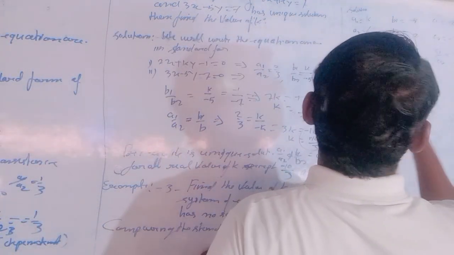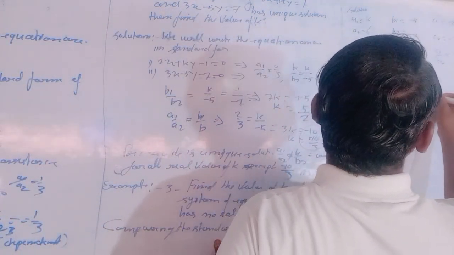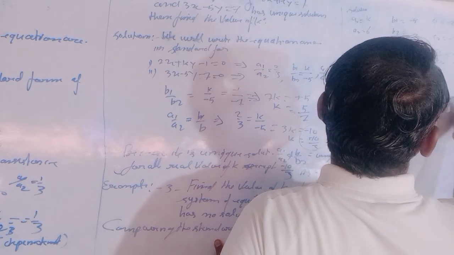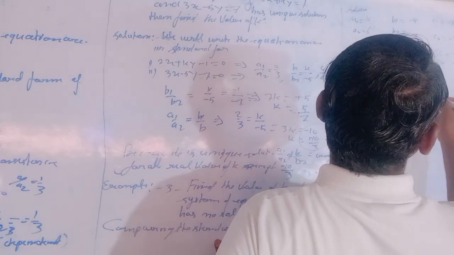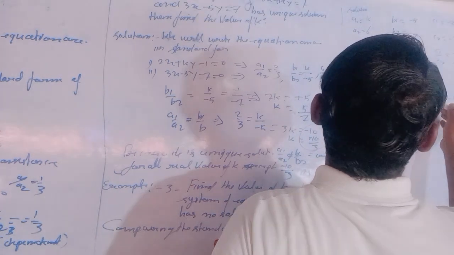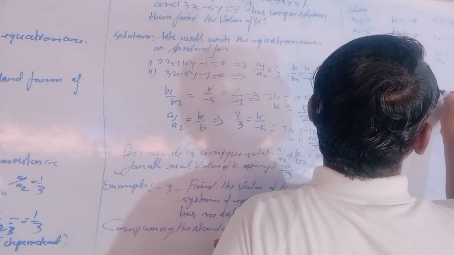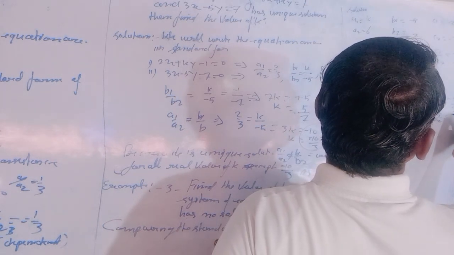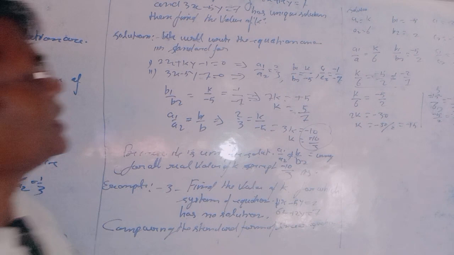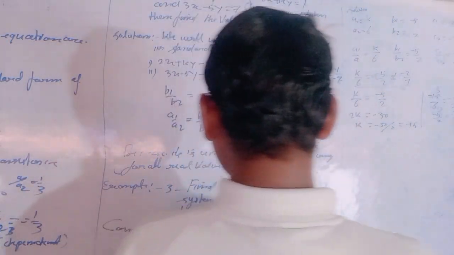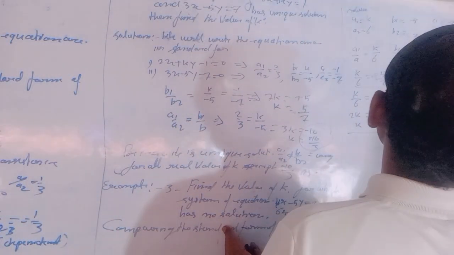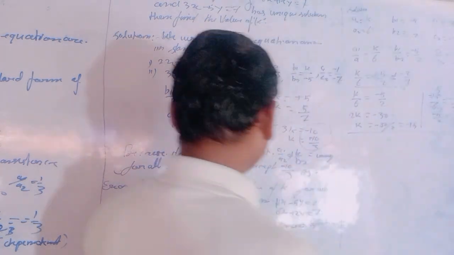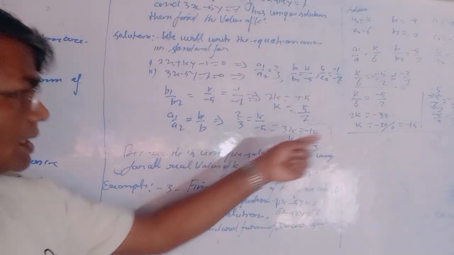If we compare, minus 15 by 6 is equal to minus 5 by 2, so it is already proved. The value of k is minus 15.